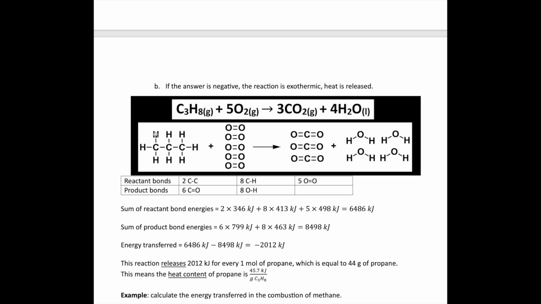And then we have the carbon-hydrogen single bond, and we can count that. So there's 1, 2, 3, 4, 5, 6, 7, 8, so 8 CH bonds, and then 5 oxygen-oxygen double bonds. On the product side, we have 1, 2, 3, 4, 5, 6 carbon-oxygen double bonds, and then 1, 2, 3, 4, 5, 6, 7, 8 OH single bonds.